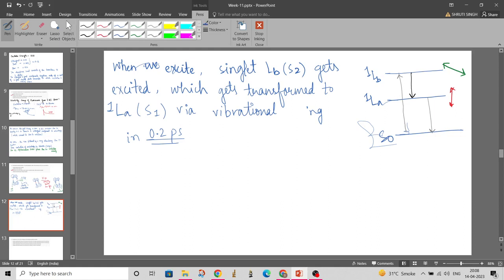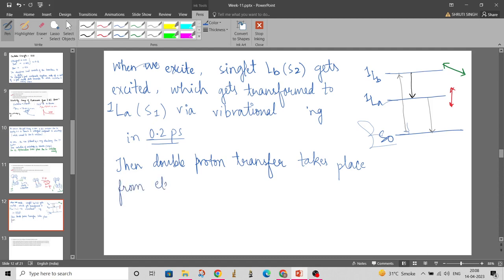So after this, double proton transfer happens from the relaxed S1 state.